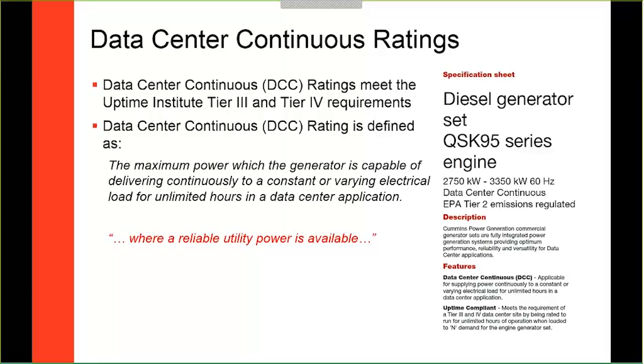Well, if you remember the last slide, I just covered the fact that Uptime doesn't view the utility as a realistic alternative, or it's an economical alternative, but you can't count on it as your primary power source. And so we actually would say that any rating that includes this verbiage or verbiage similar wouldn't meet the Uptime Institute requirements.